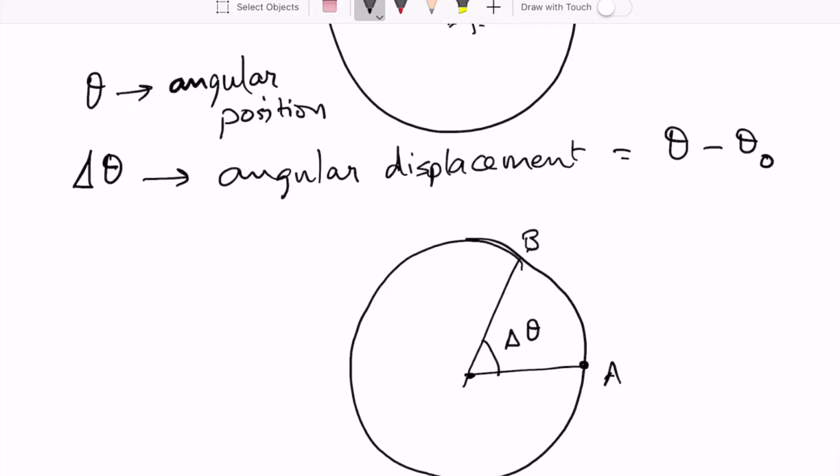How much distance has it covered along the arc of the circle? So what is this distance going to be? We're going to call this distance delta S and let the radius of the circle be r. So if you know r and delta theta, what is delta S? The answer is delta S is given by r delta theta.